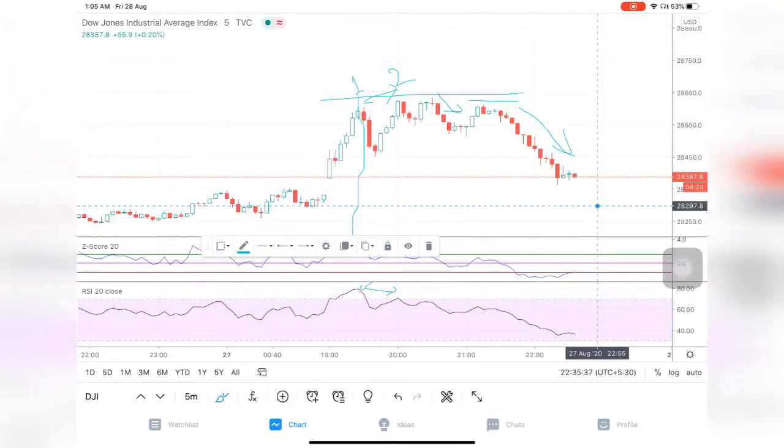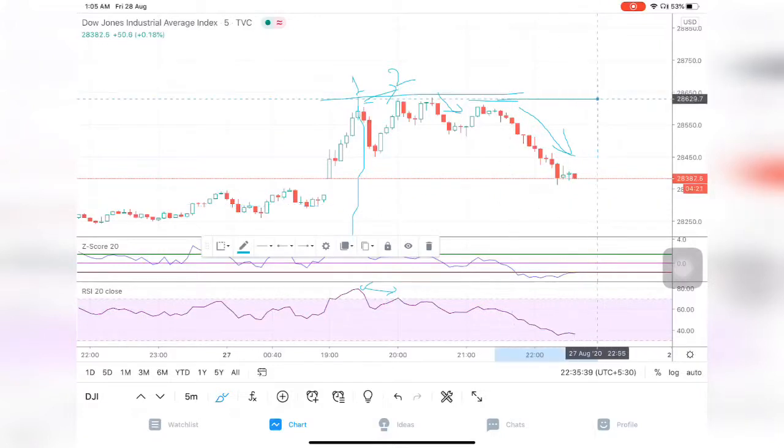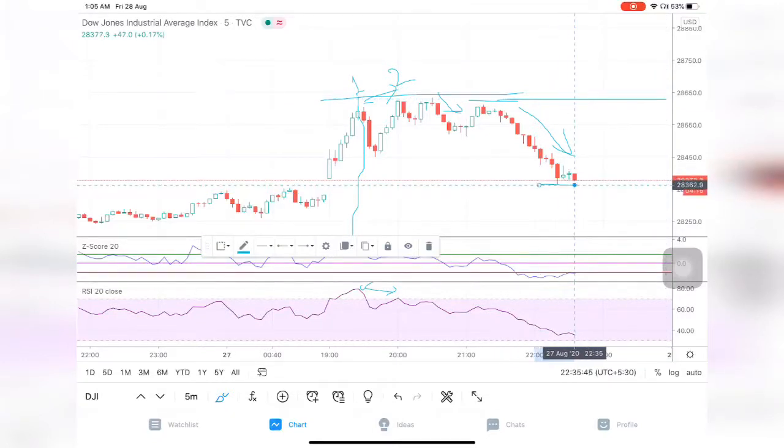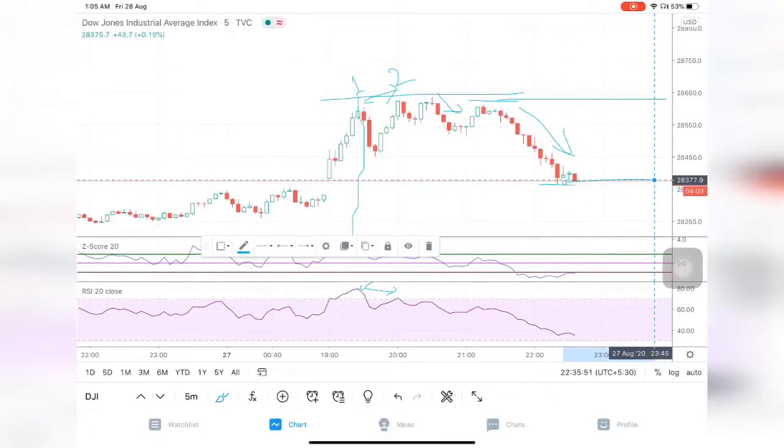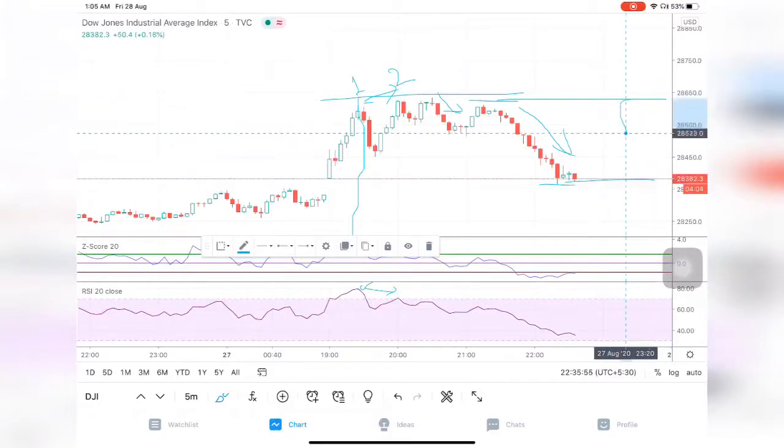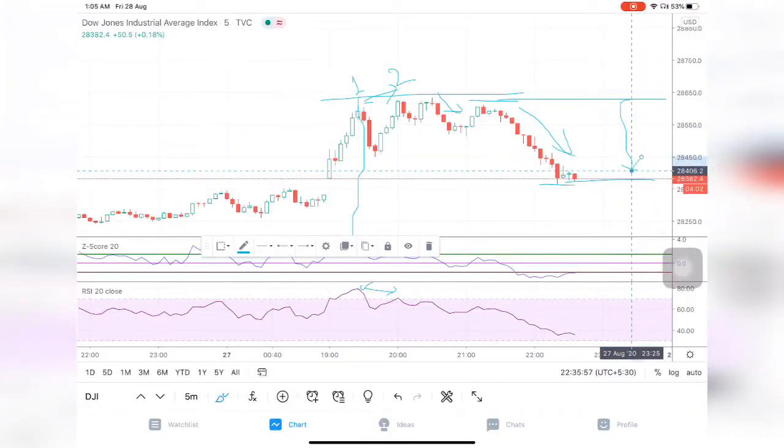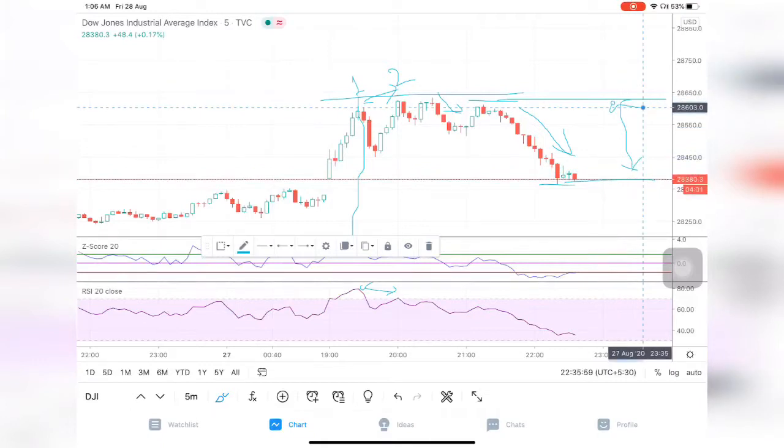So this is how much profit you are making already, like 28,629 till say 28,377. So almost 300 points. That's cool.